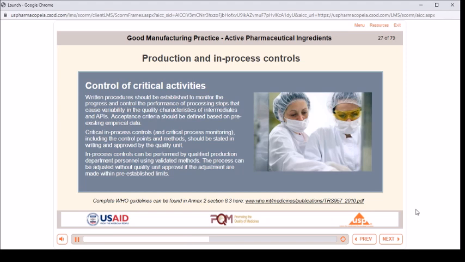Critical in-process controls and critical process monitoring, including the control points and methods, should be stated in writing and approved by the quality unit. In-process controls can be performed by qualified production department personnel using validated methods. The process can be adjusted without quality unit approval if the adjustments are made within pre-established limits.